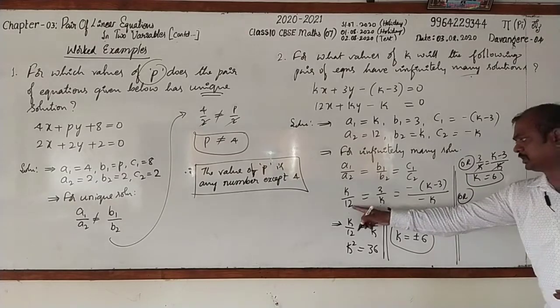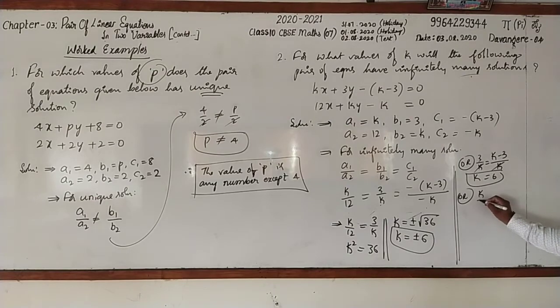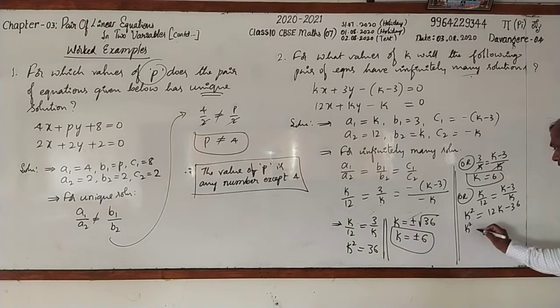And another possibility, first and last, it is k by 12 is equal to k minus 3 by k. Then go for cross multiplication. It will be k square, it's equal to 12k minus 36. Then k square minus 12k plus 36 equal to 0.